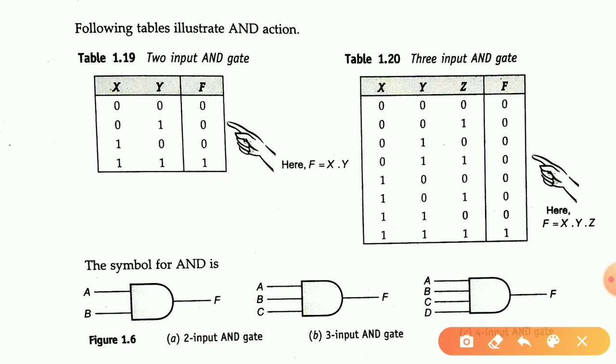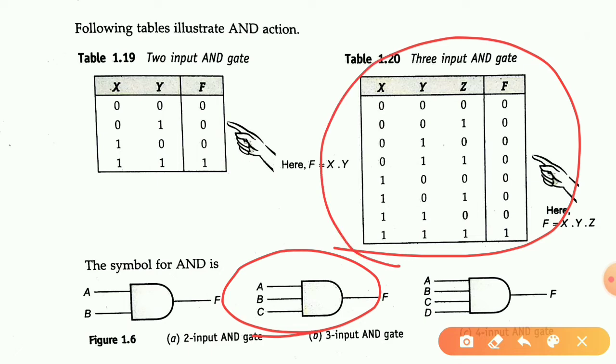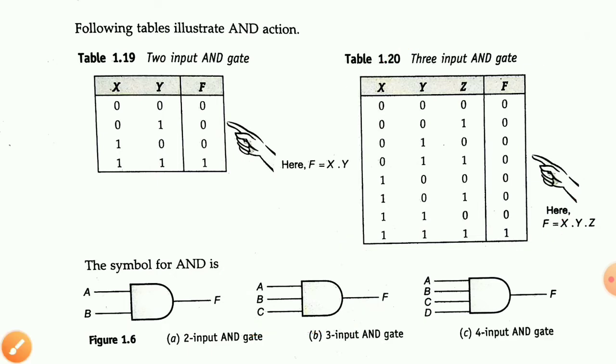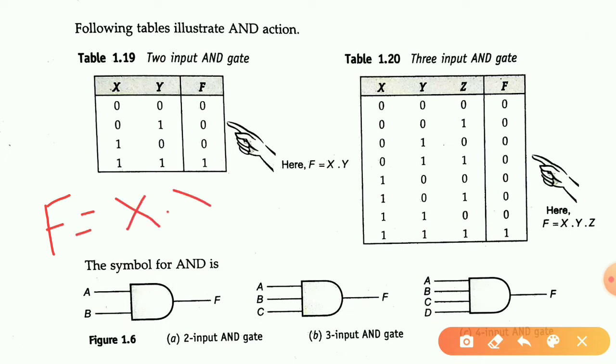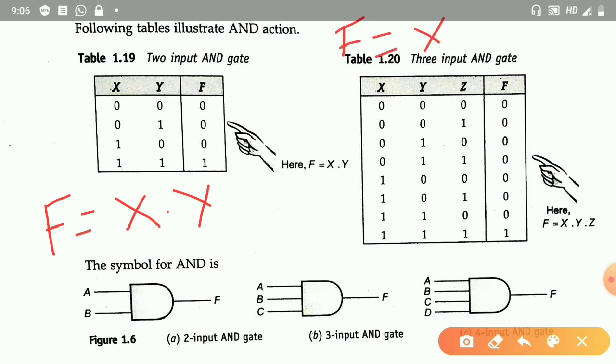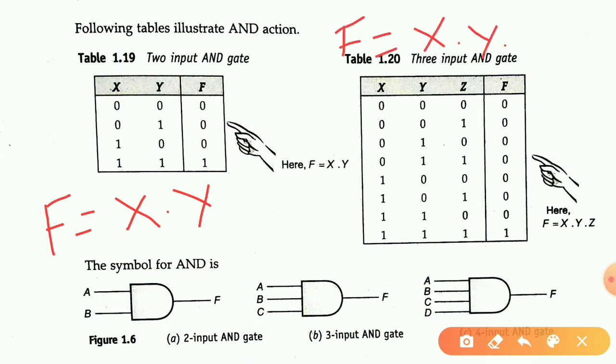This is the 3 input gate and 3 input truth table. The symbol used is F equal to X dot Y. For the 3 input, F will be equal to X dot Y dot Z.